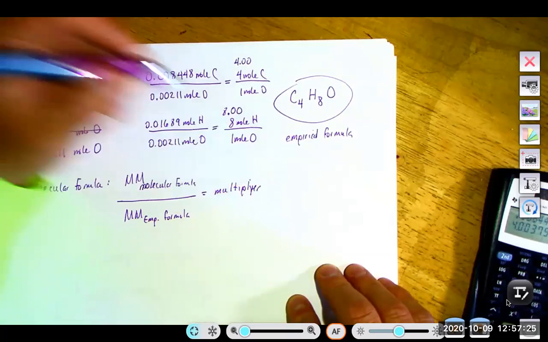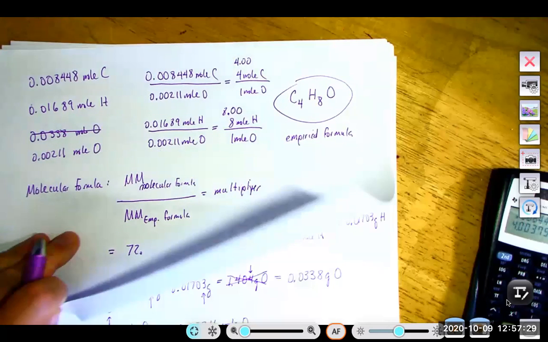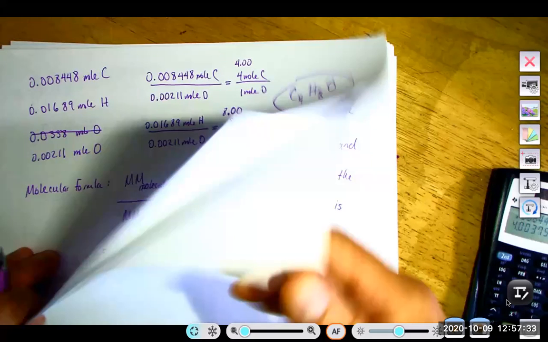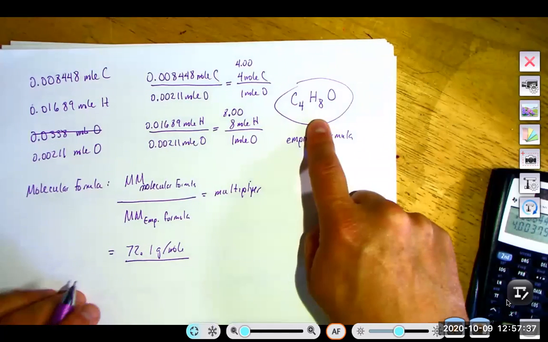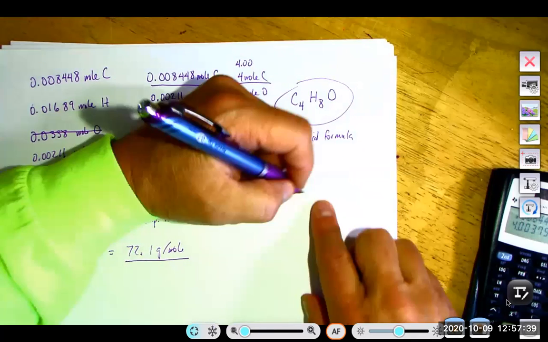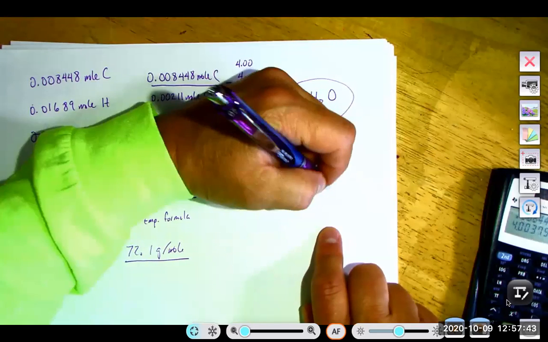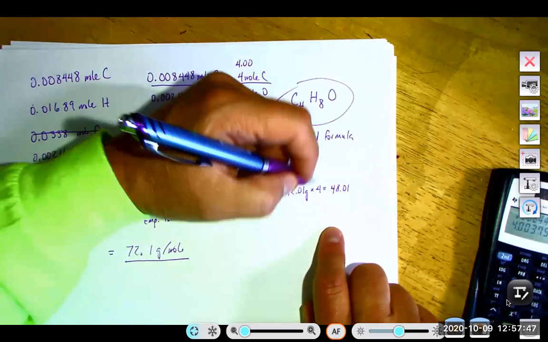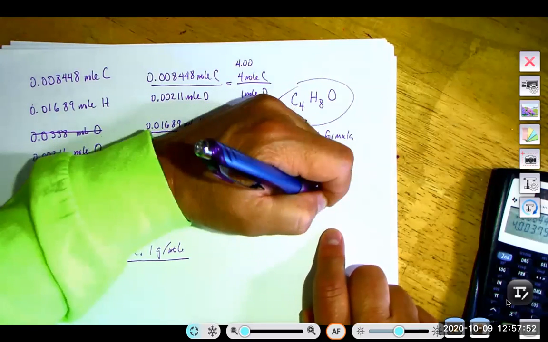In this case, we have 72.1 grams per mole. And here the molar mass of this is going to be 12.01 grams times 4, which is 48.01 grams. 1.01 times 8, which is 8.08 grams.